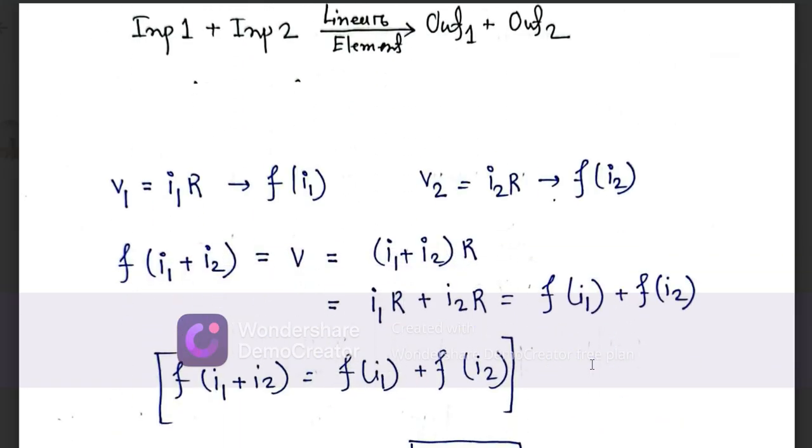Let's suppose we have two currents, I1 and I2, and for two currents we have two voltages, V1 and V2. That means I1R and I2R. We can consider them as two functions, f of I1 and f of I2.